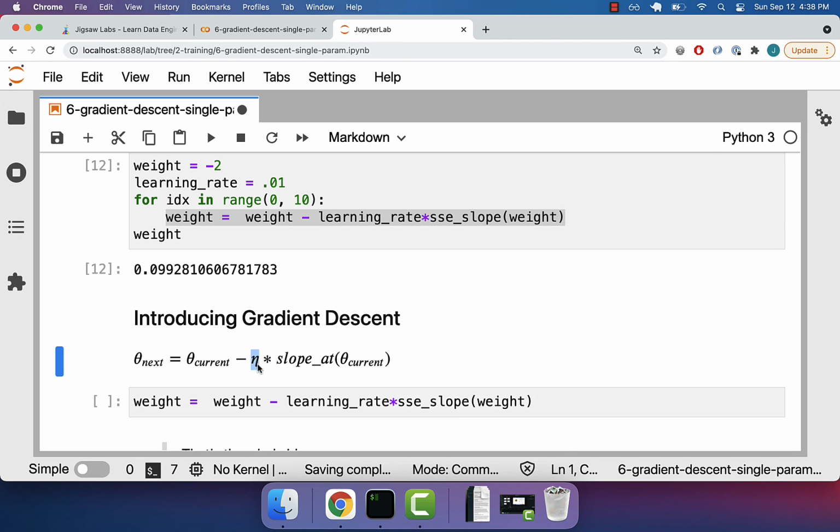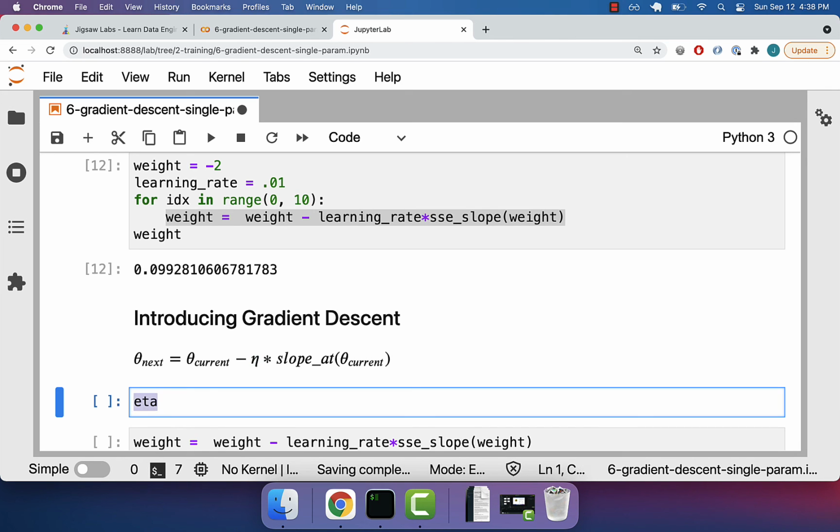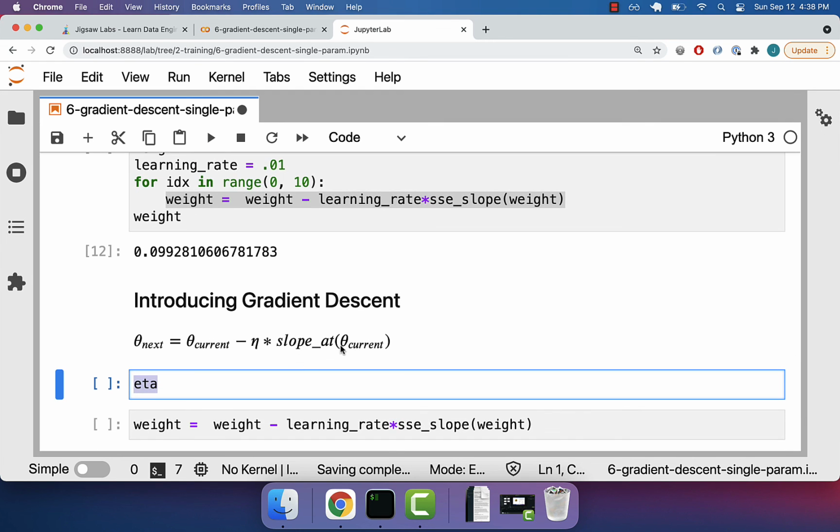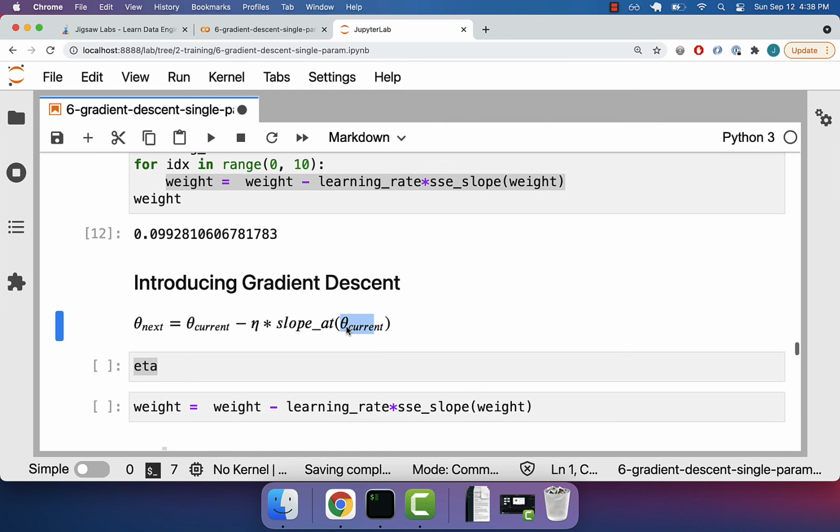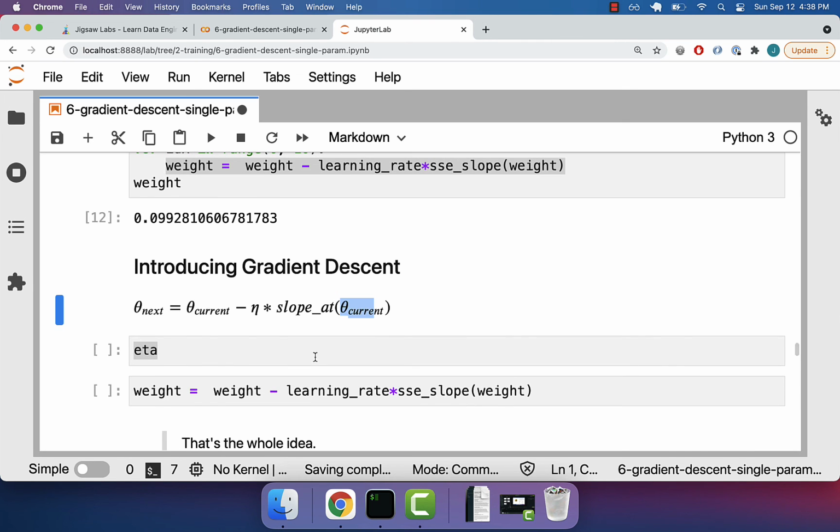This is the letter eta. Eta, that's not important. Times the slope at that parameter value. And we just keep applying that, okay?